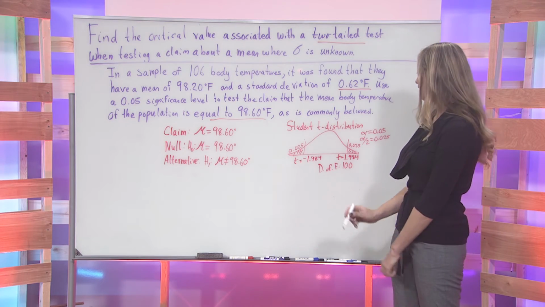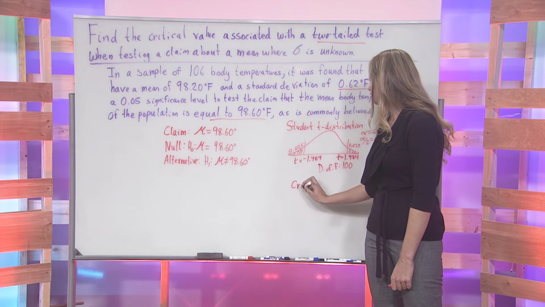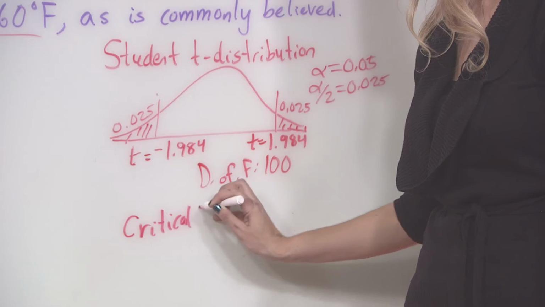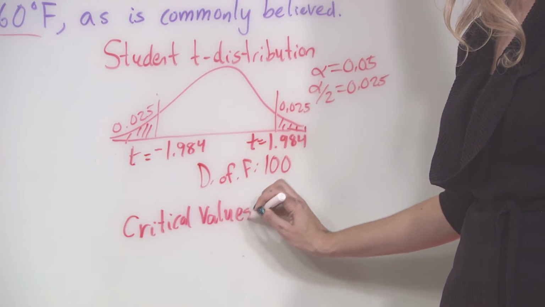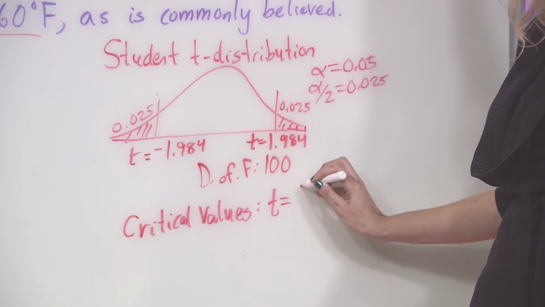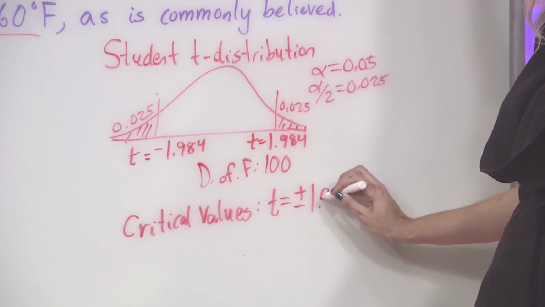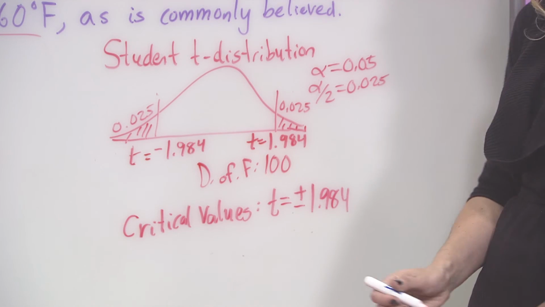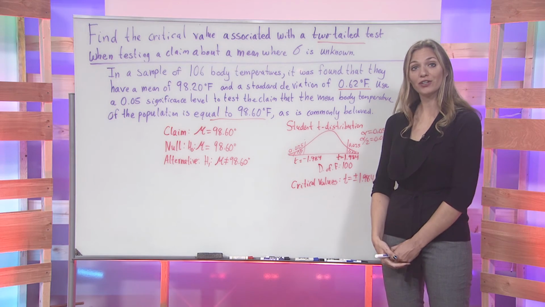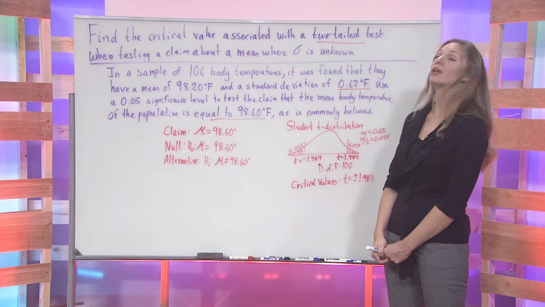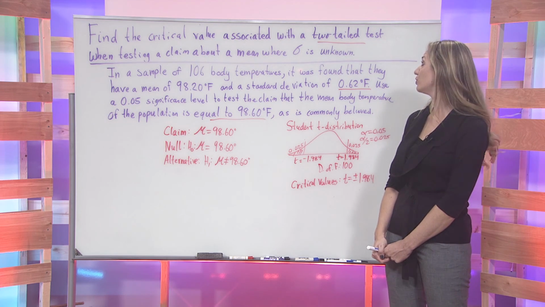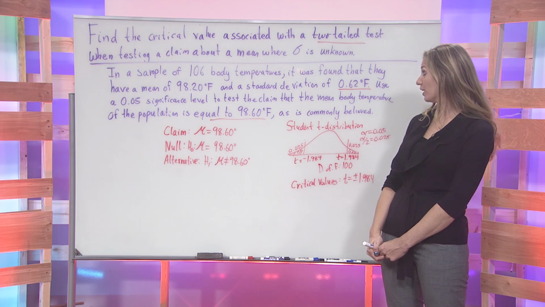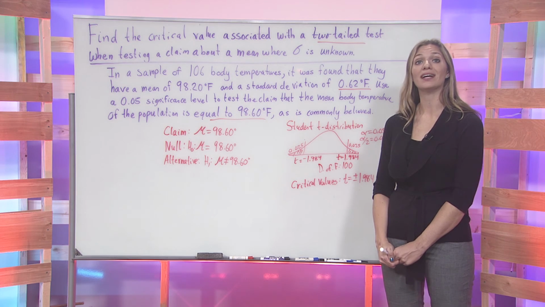Thus, we can see at the end that we have critical values from our student t-distribution of t being equal to plus or minus 1.984. Thus, we have found the critical values for this example that are associated with a two-tailed test when testing a claim about a mean where sigma is unknown.